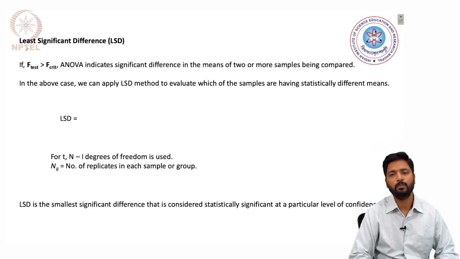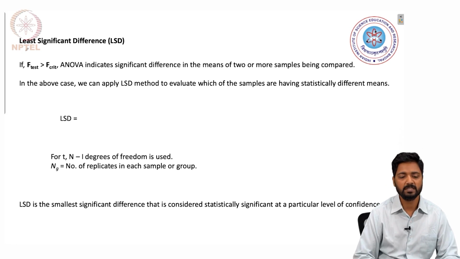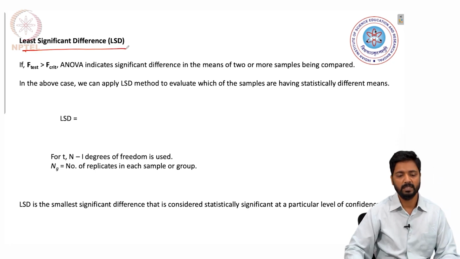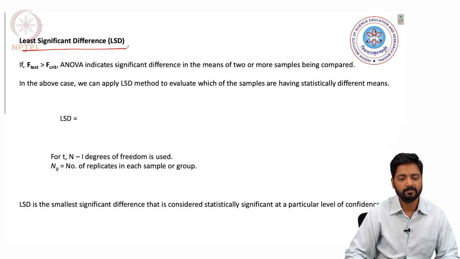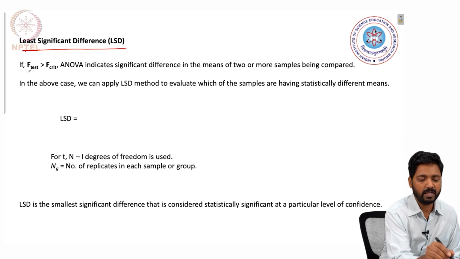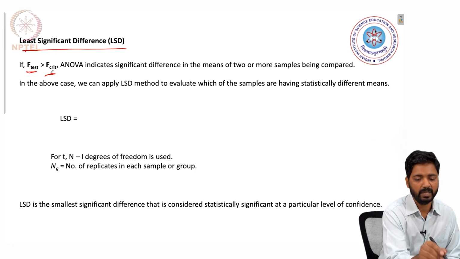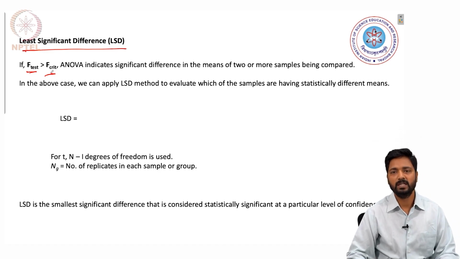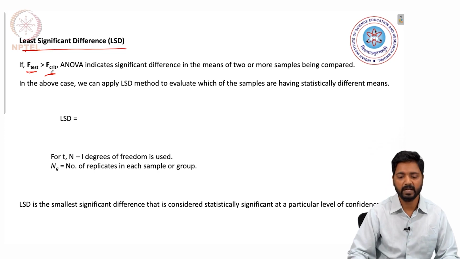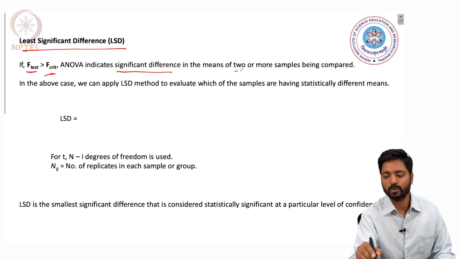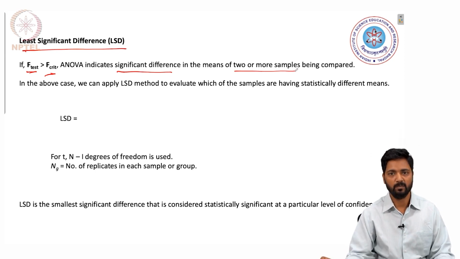Now let us go to the concept of least significant difference, which is listed in the next slide. Here, what we understand is that if the F test value is greater than the critical F value, then our analysis of variance indicates that there is a significant difference in the means of 2 or more samples being compared.